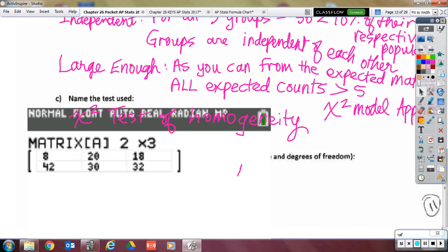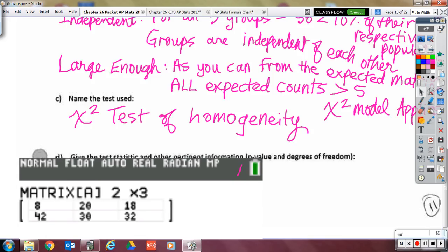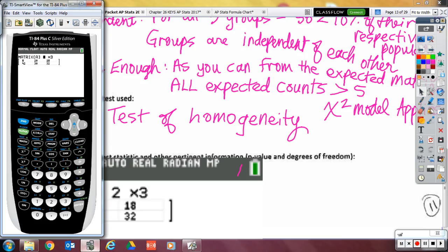Now, the nice thing about the calculator is computing the chi-squared test will make the expected matrix for you. Since it's a formula, it'll go ahead and make that for you. So we do not have to put the expected matrix into another matrix. We don't have to put anything else in. So let's go run the test.